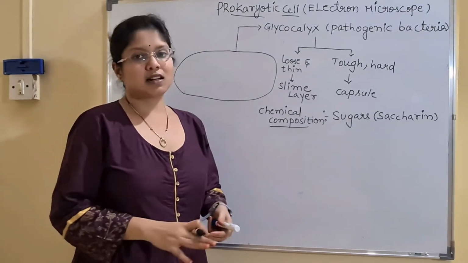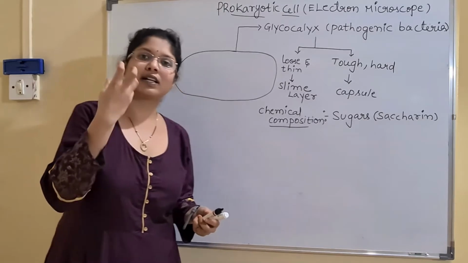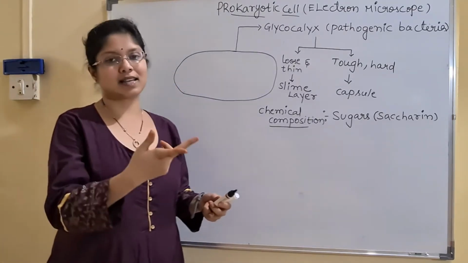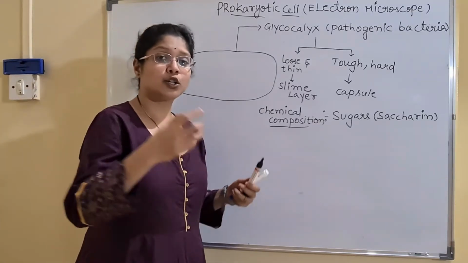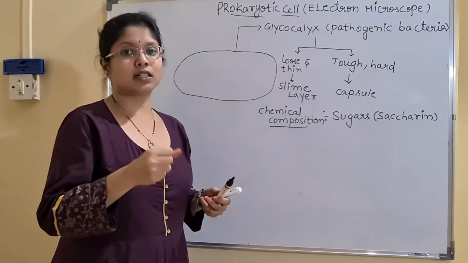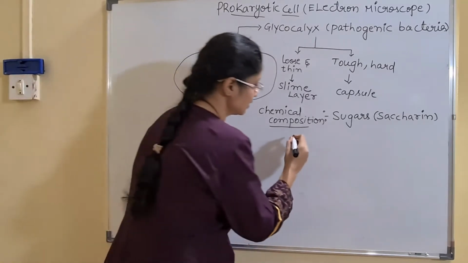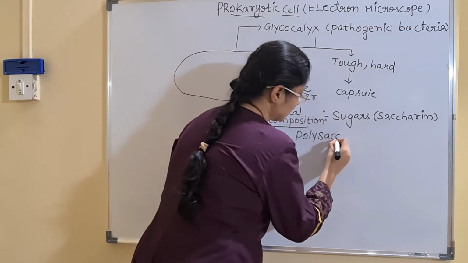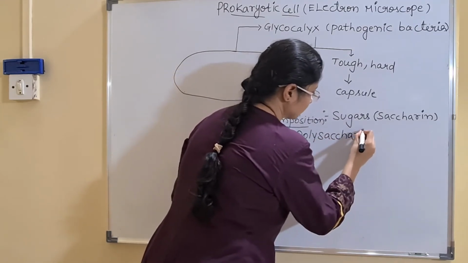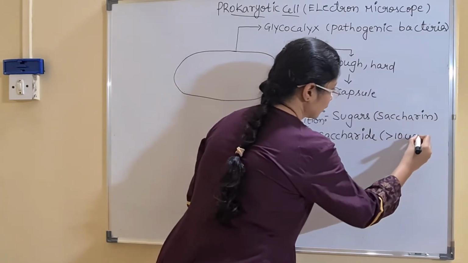These are classified into different categories. If one sugar is present, we call it monosaccharide, two is disaccharide, and so on. If more than 10 sugar units combine together to form a compound structure, we call it polysaccharide. Polysaccharide means more than 10 units of sugar.